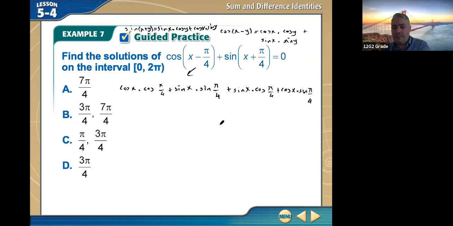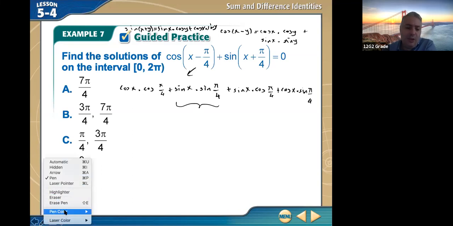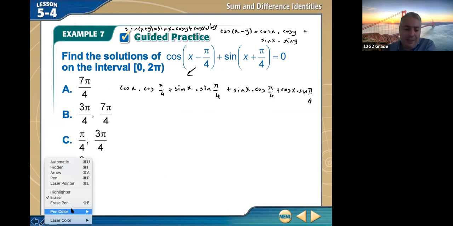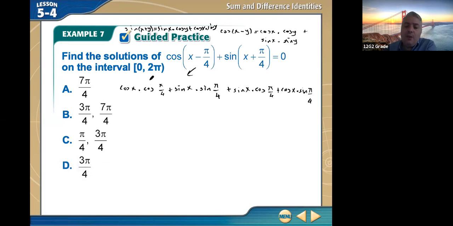Now, when I look at here, sine x sine pi over 4, do I have the same thing here? No. Cosine x cosine pi over 4, cosine x, no, nothing is the same. So I cannot use the factorization. So what can I do? I can directly use what I know. Let me see what I have in my hand. Cosine of pi over 4.